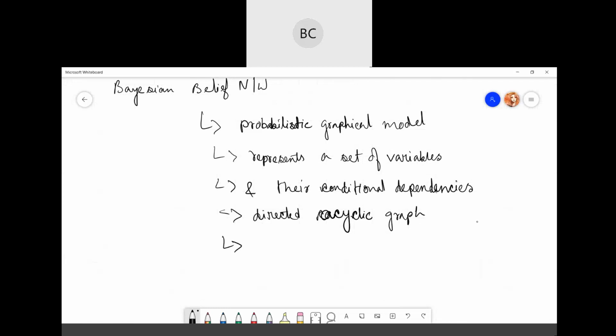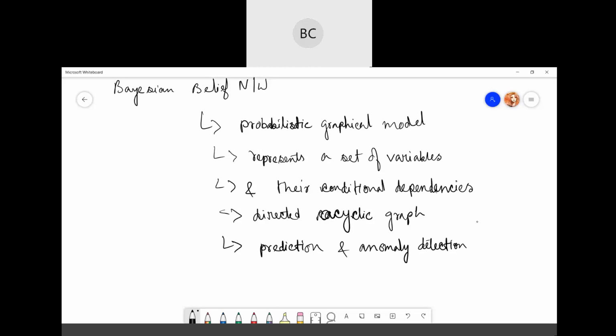Here we mainly use it for prediction, like weather prediction, and anomaly detection. Apart from that, you can also use it for many different decision making things under uncertainty, for diagnostic events, then automated insight reasoning and all.